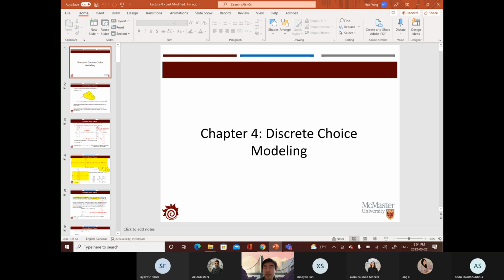To work on the final project, you definitely need to know what a discrete choice model is, and how you're going to use it to calibrate the model to conduct the route choice and mode choice steps for transportation planning. So that's the plan for the rest of this term.